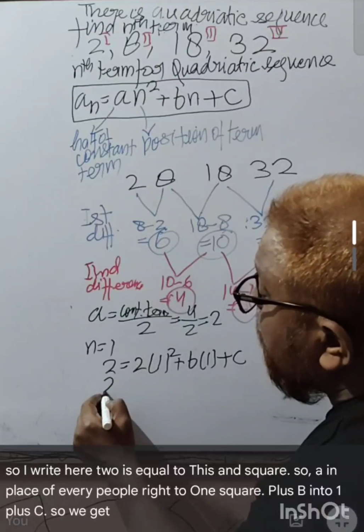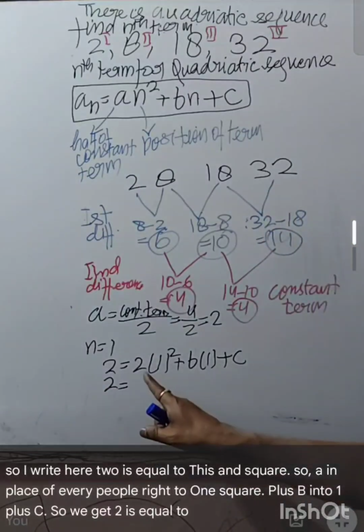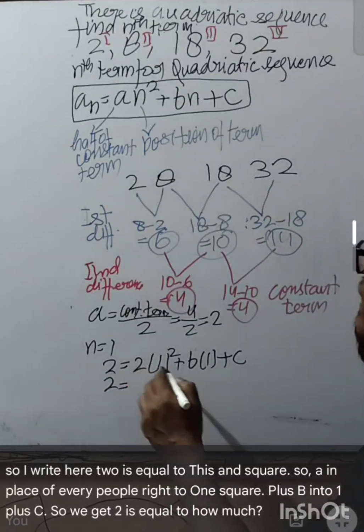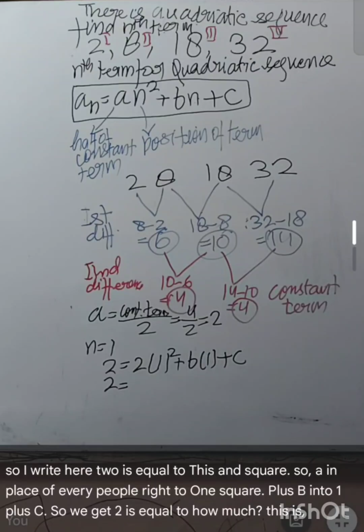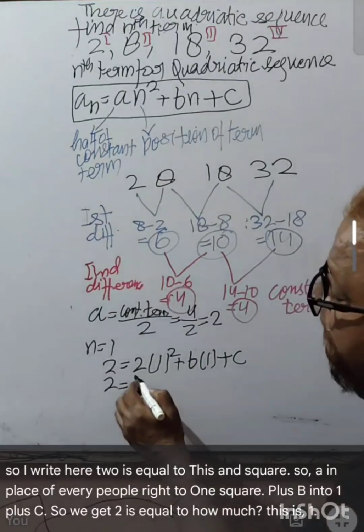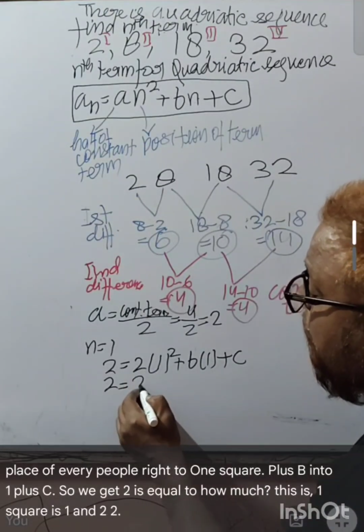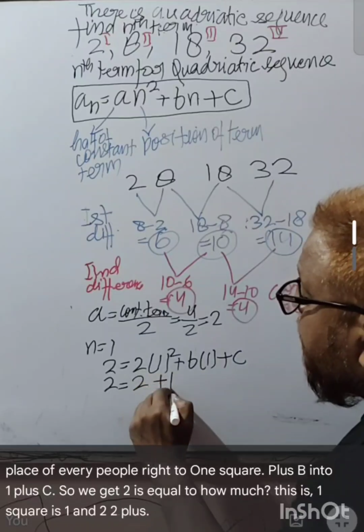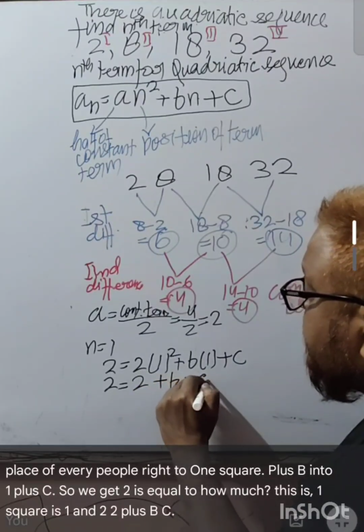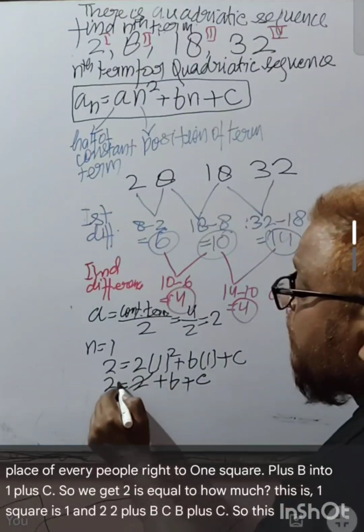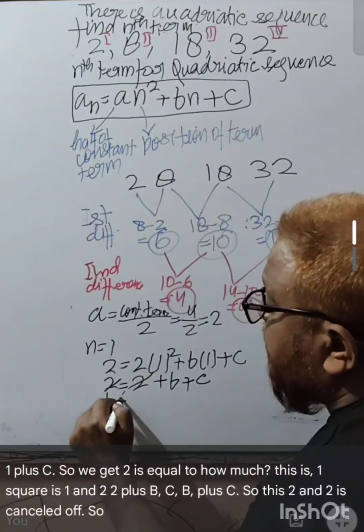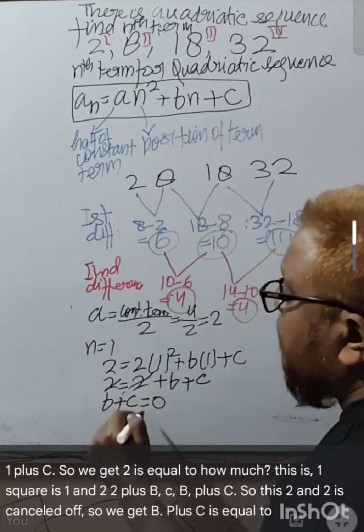So 1 square is 1, and 2 plus b plus c, so 2 and 2 cancel off. We get b plus c is equal to 0.